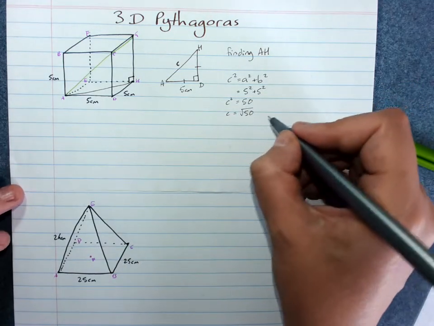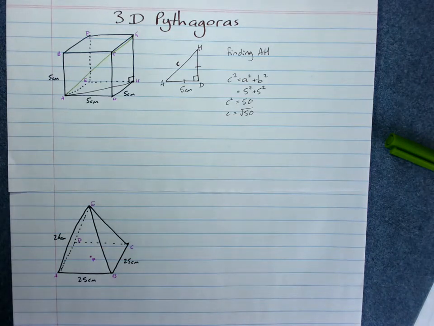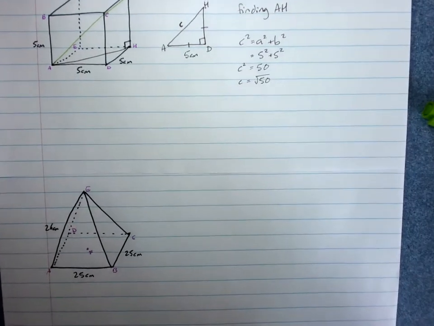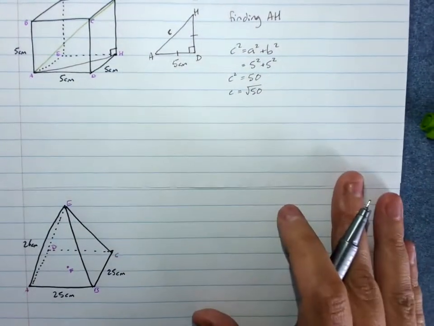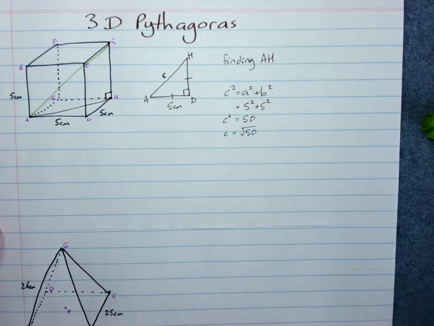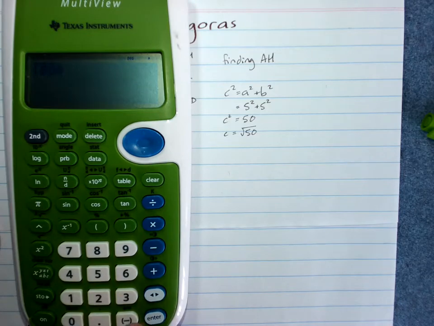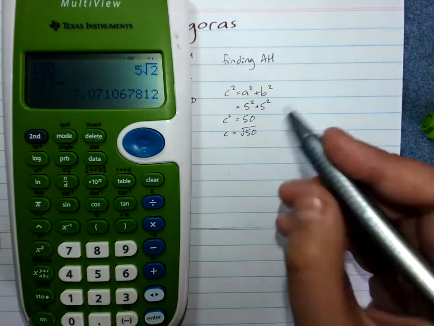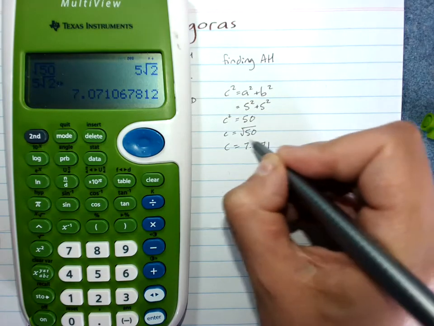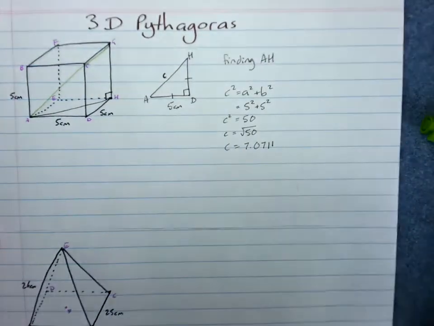And if you're comfortable working with surds, that is square roots, you can leave it at that point. Or of course, you are absolutely welcome to find the square root of 50, and C equals 7.0711, keeping lots of decimal places, and we're in centimeters.